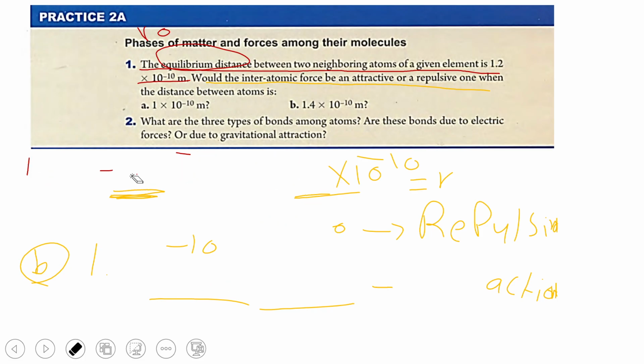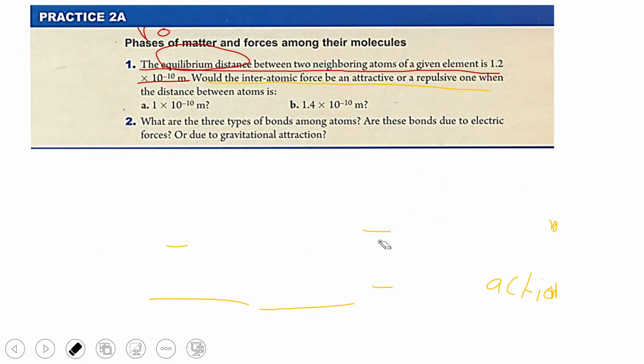Question number 2, guys. What are the 3 types of bonds among atoms? Are these bonds due to electric force or due to gravitational attraction? What are the 3 types of the bond? We know the 3 types we studied. The first one is ionic bond.